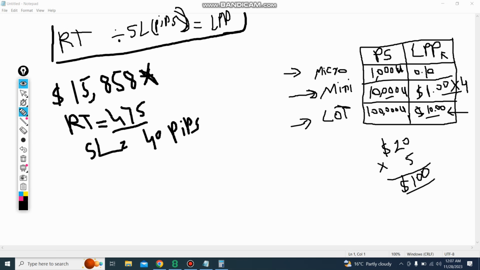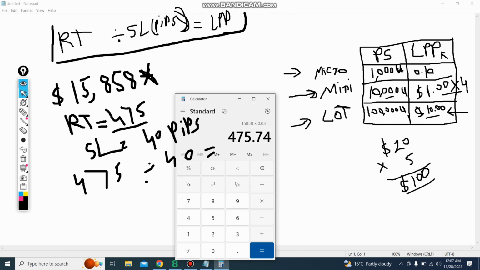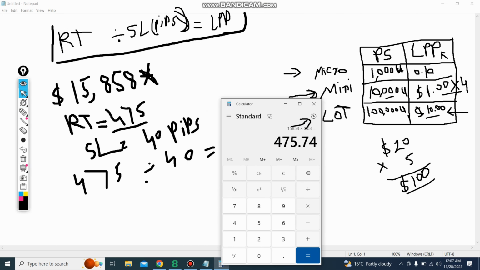Super easy. We would just take our RT or risk tolerance of $475. We would divide that by our stop loss in pips, which is 40 pips, and we need our risk per pip or our loss per pip to be around $12.